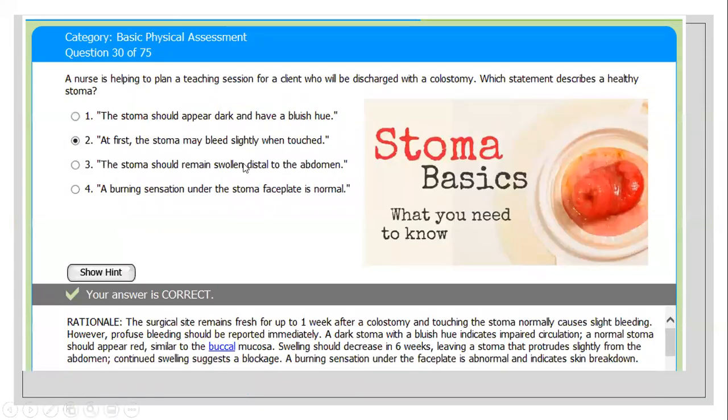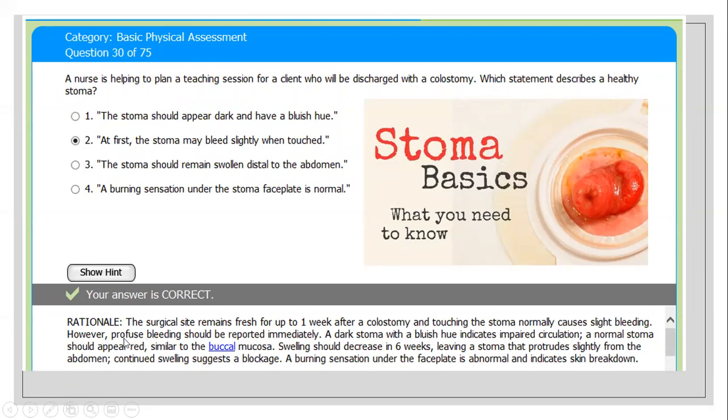So the correct answer is, at first the stoma may bleed slightly when touched. What is the rationale? The surgical site remains fresh for up to one week after a colostomy, and touching the stoma normally causes slight bleeding.